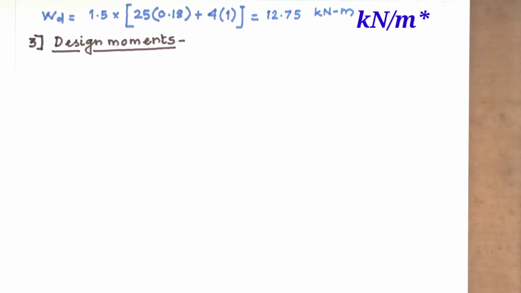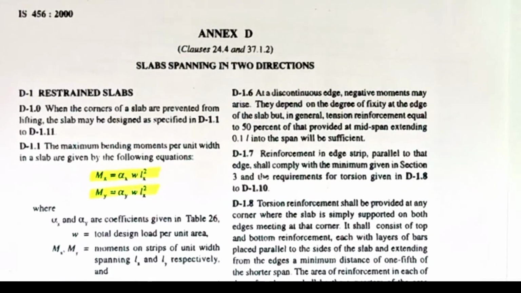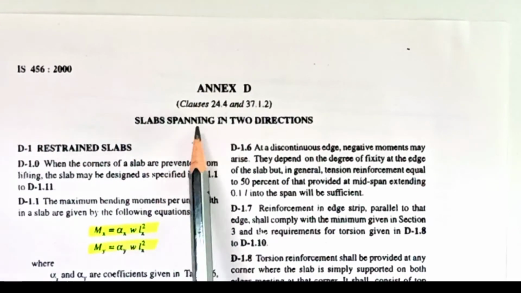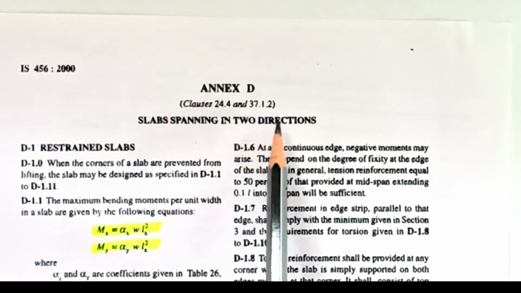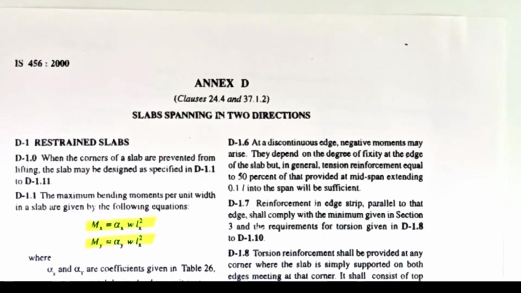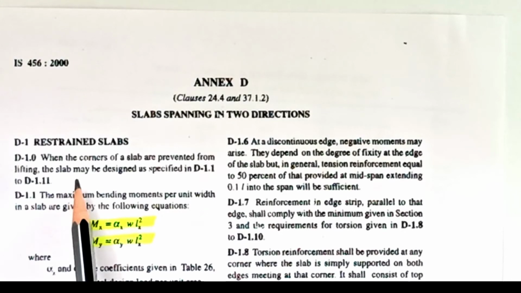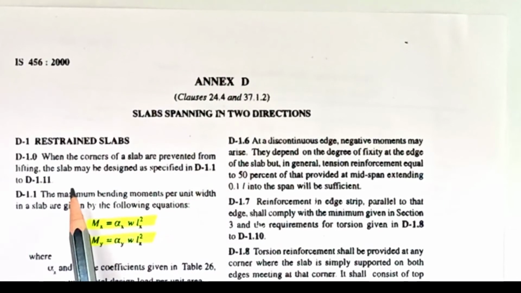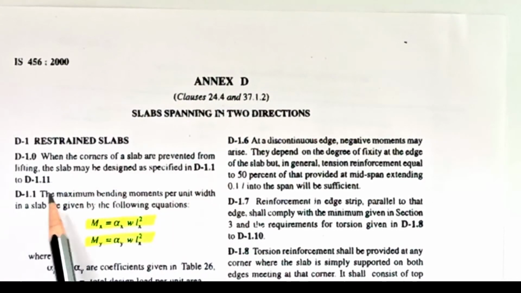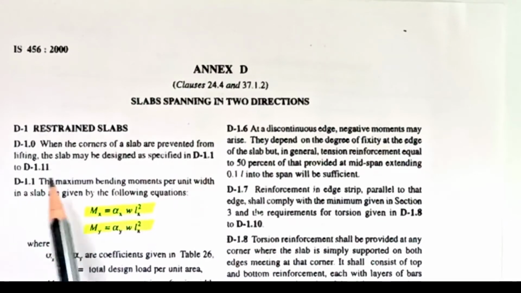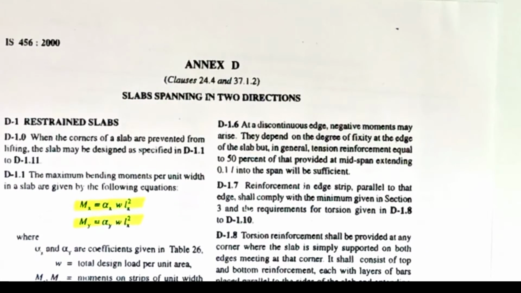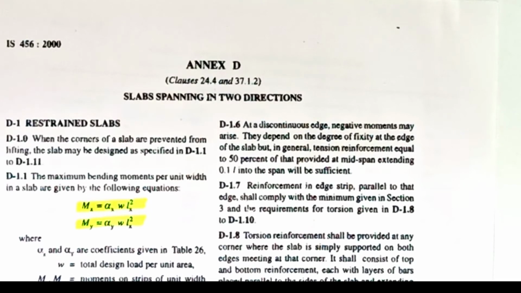Now how to calculate bending moment? For that purpose, again I will show you. This is annexure D of IS 456-2000, slab spanning in two directions, that is two-way slabs. When the corners of the slab are prevented from lifting, the slab may be designed as specified in D.1 to D.11. Okay. Now actually here we are not preventing the corners.